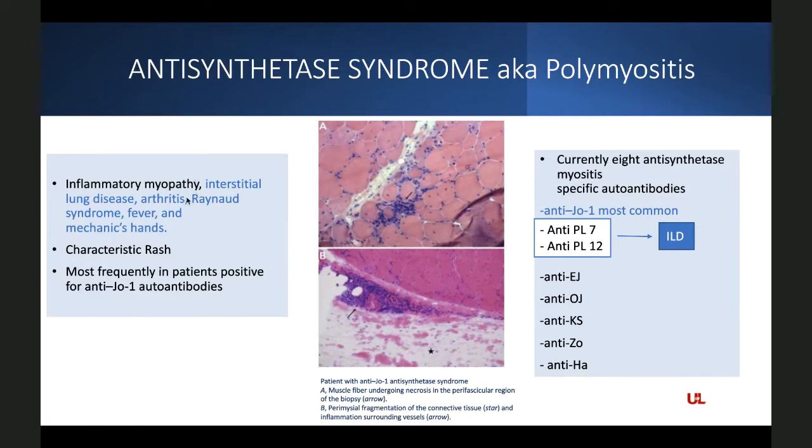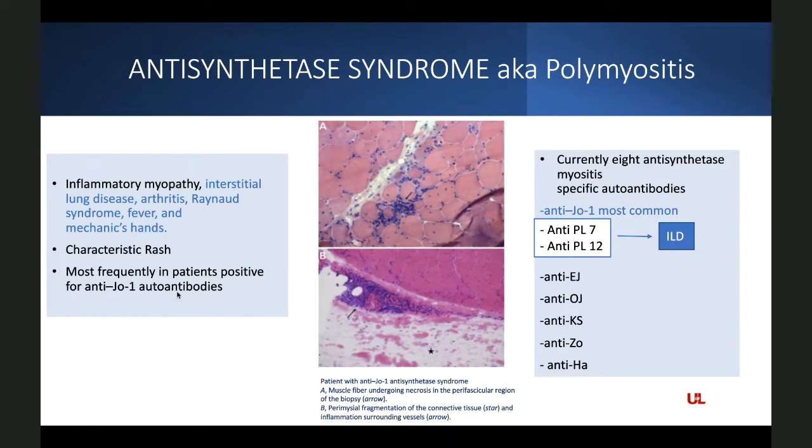You will have arthritis, mechanic's hands, Raynaud's syndrome, fever, or just usual arthritis. These patients can also have a rash. That's why it's important for us to have a broader outlook when we are seeing these patients, because they both can look similar at times.